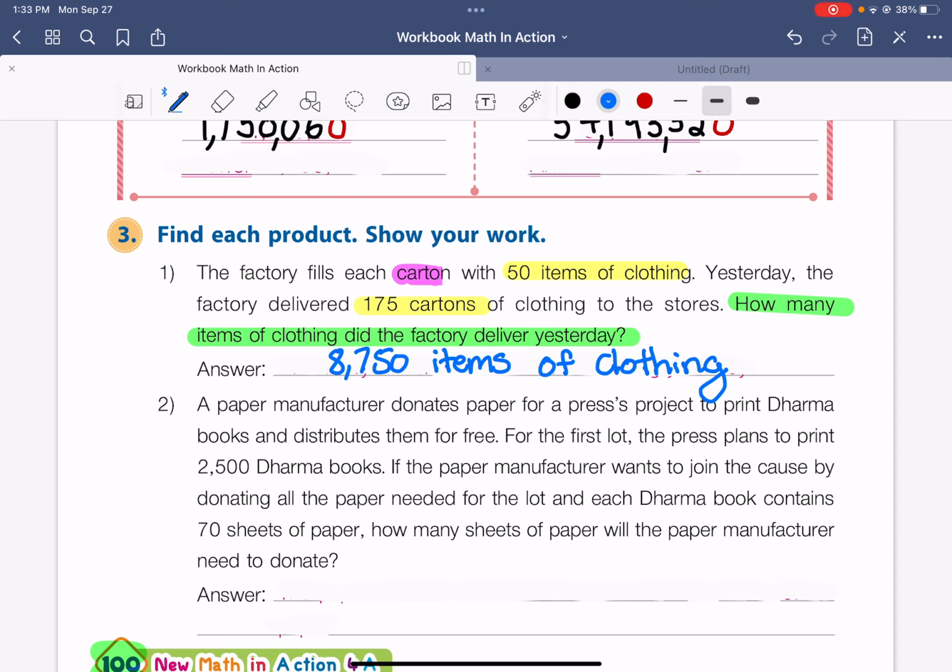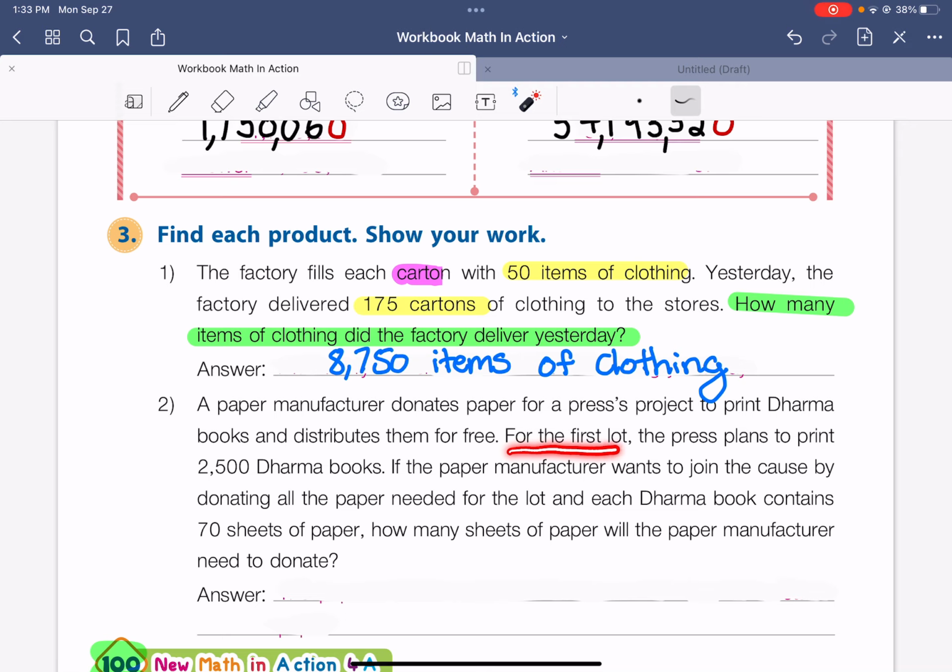So next one. We have a paper manufacturer, right? Someone who makes paper. A paper manufacturer donates paper for a press's project to print Dharma books and distributes them for free.